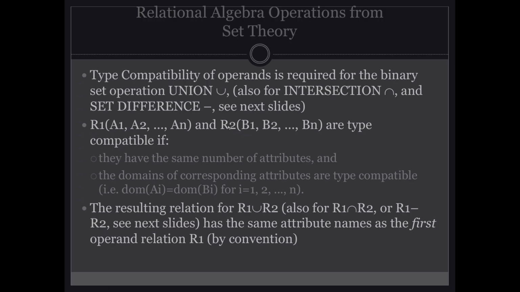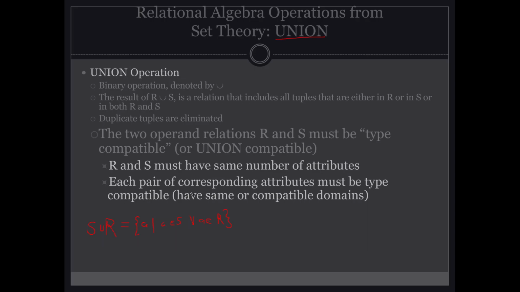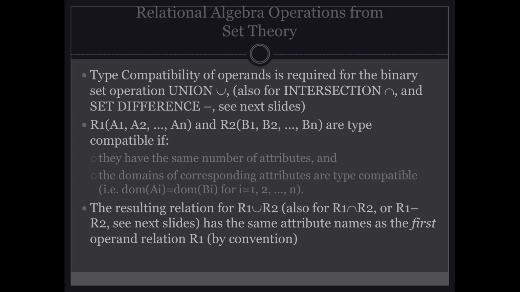Next, when it comes to unions as well as intersections and set differences in relational algebra, you can't just throw together elements from two different sets. You need to also specify that the relations have compatible attributes, okay? So you need to specify two things.